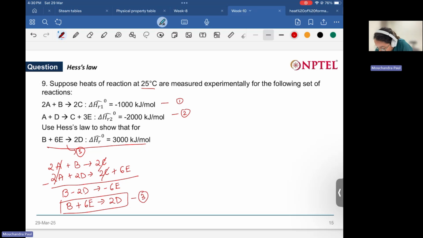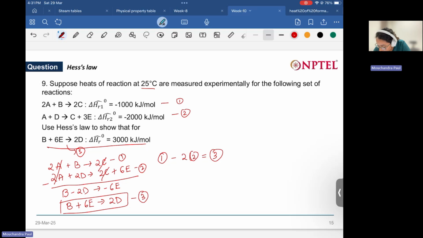So in order to get reaction 3, what we did, we subtracted twice of reaction 2 from reaction 1.